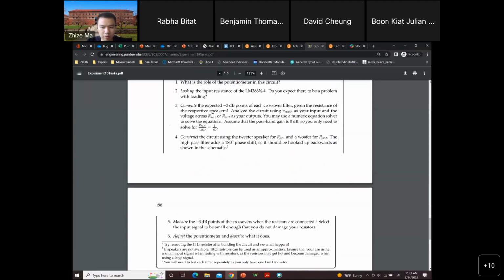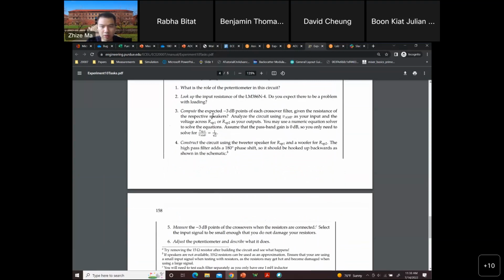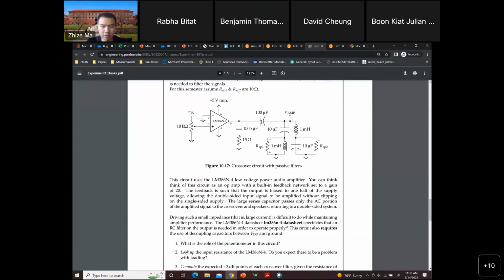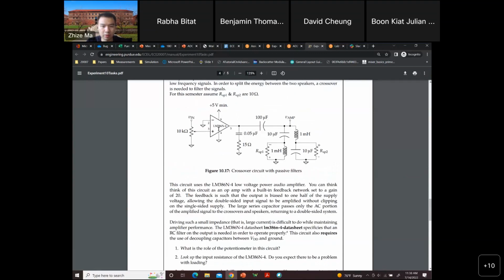Since we are going to treat this as actual credit, I'm not going to go through the details for this. But one thing I want to mention is the LM3886 is a power audio amplifier.